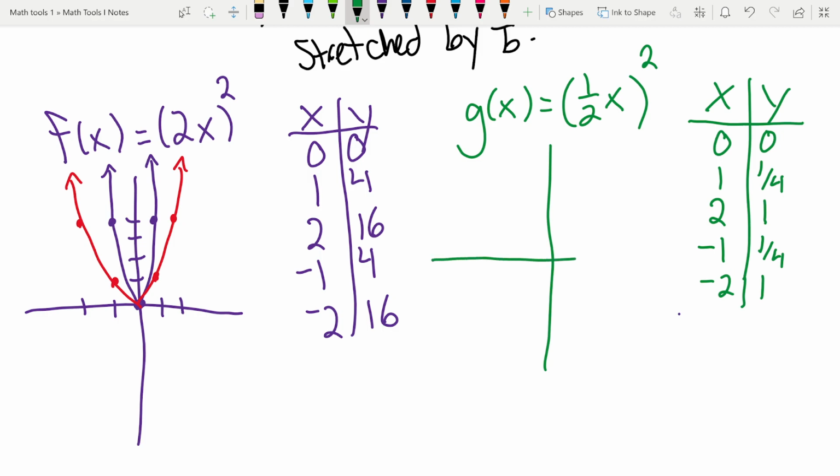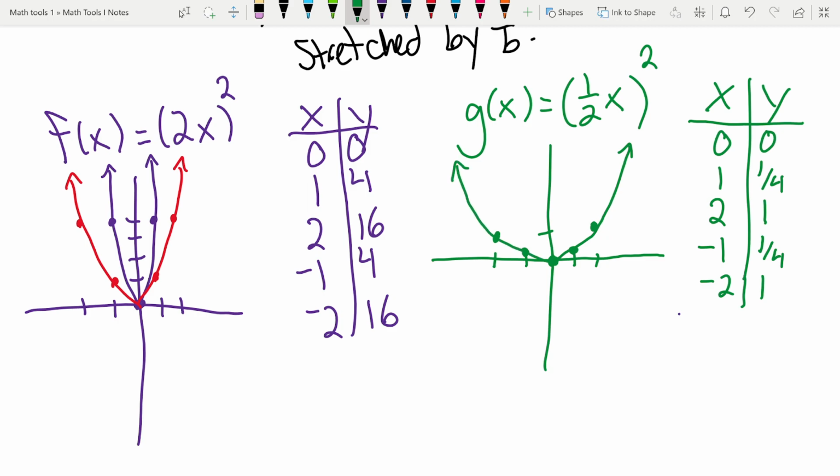So this one, we're going to take a look at what this looks like. So we're going to have 1, 1/4. That's going to be really close to the x-axis. Same with -1, 1/4. We're going to have 2, 1 and -2, 1. Okay, so this is a really wide graph.